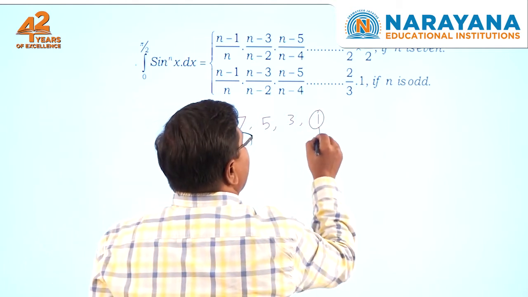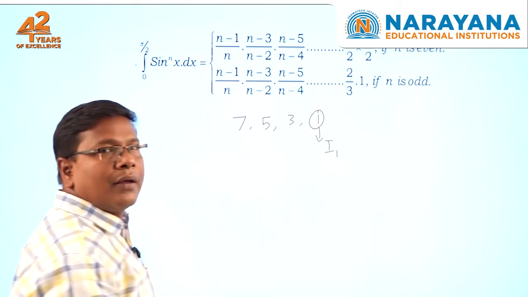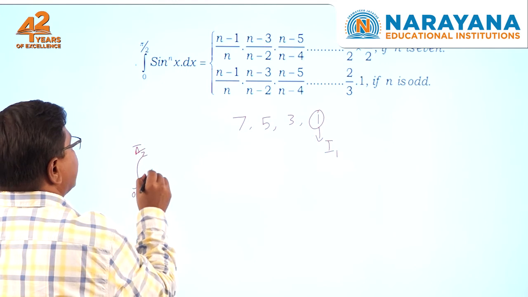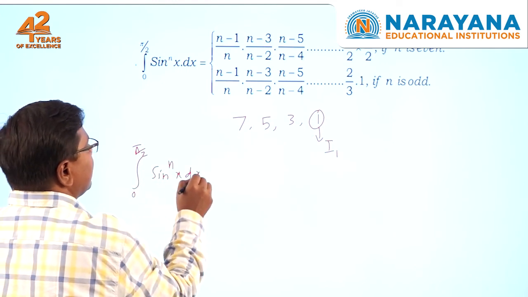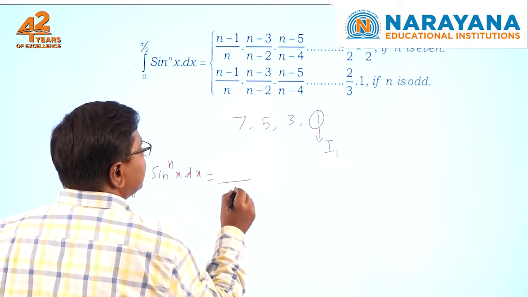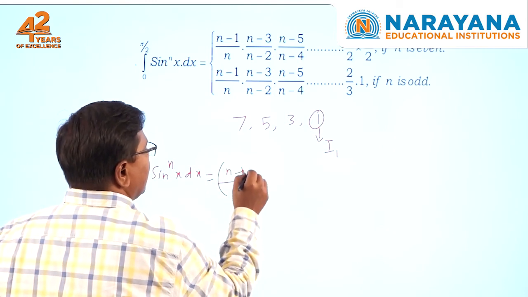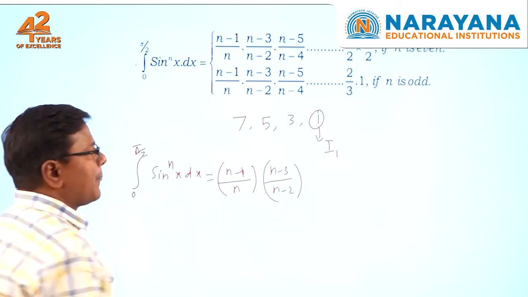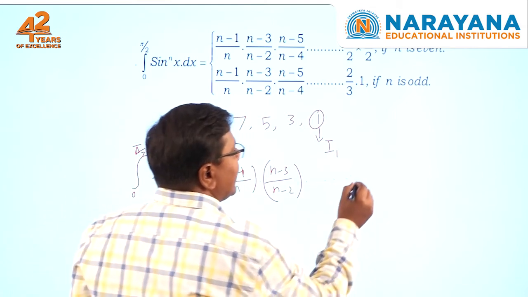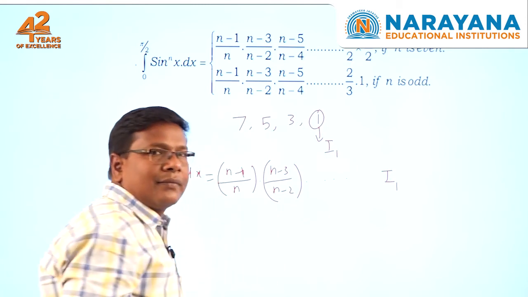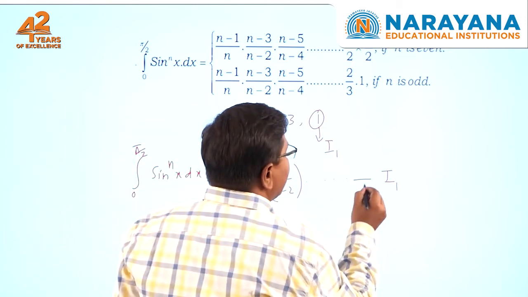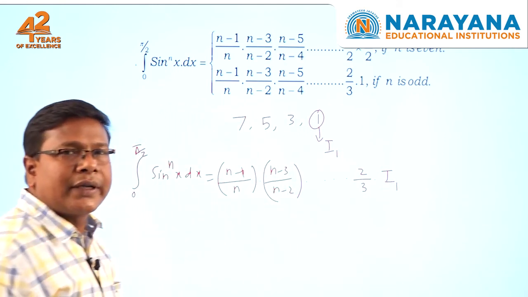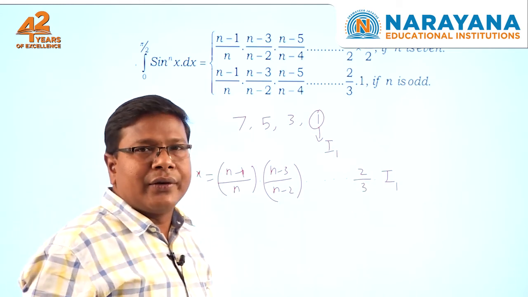Therefore, the recurrence formula for the integration from 0 to pi by 2 of sin power n x dx equals n minus 1 into denominator n minus 2, numerator n minus 3, and so on. The last we will get is I1, right. Before that, for odd we will get 3, it will be 2, okay.